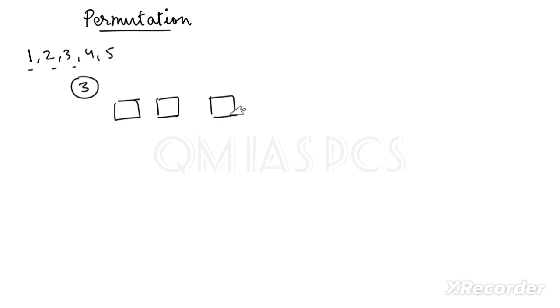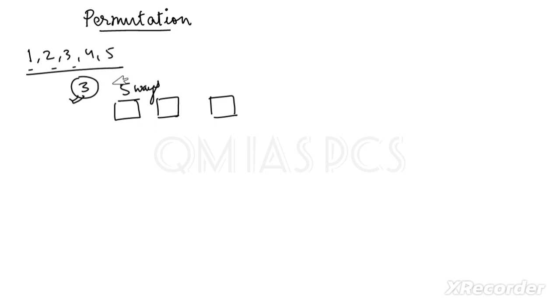Out of these 5 available digits, we have to take only 3 digits to make a 3-digit number. So in the first place, how many digits can be placed? All 5 digits can be placed in the first position, so there are 5 ways to fill the first position.